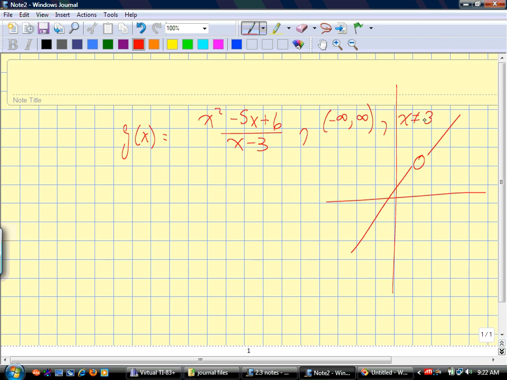So we're going to use that line everywhere except for 3, and when we're at 3, we're going to use the point 1, because that's going to fill in our hole. It's going to put the spackle where we want it to be.